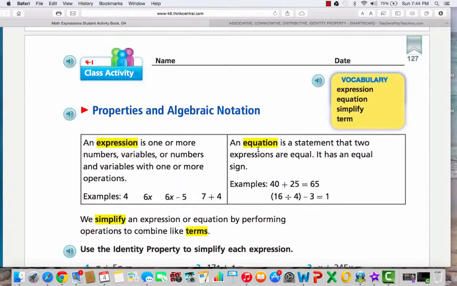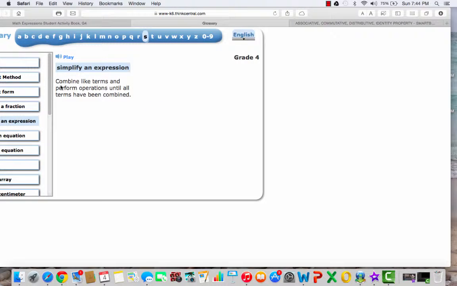You also have another term called simplify, and simplify means combine like terms and perform operations until all terms have been combined.